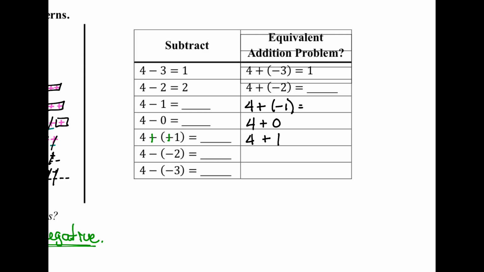I make 4 add 1. Add the negative of this, a negative negative 2 is a positive 2. Add a negative of this is a negative negative 3, so positive 3.